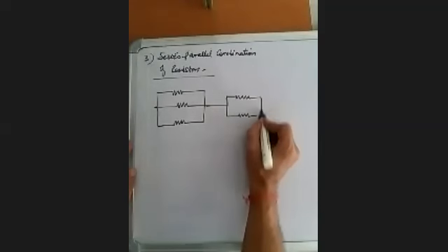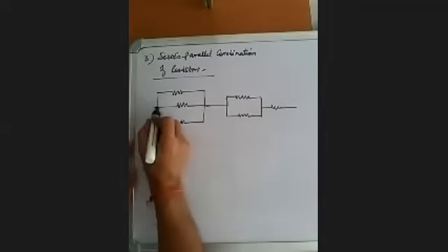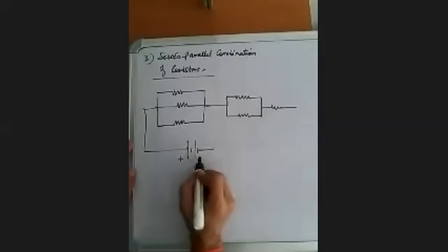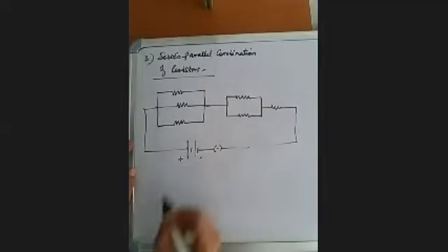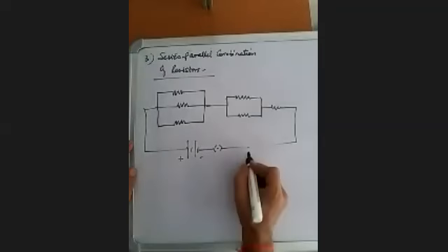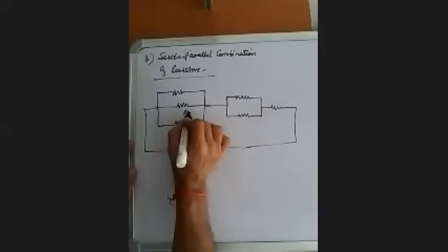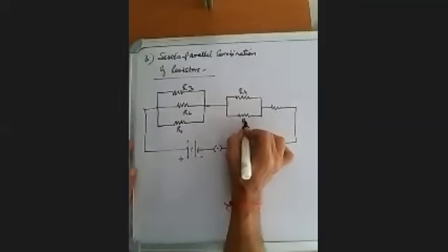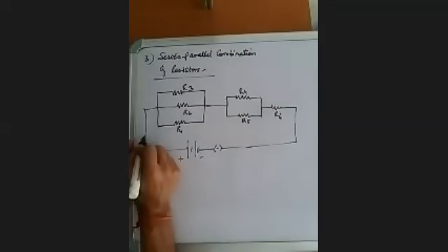So you can go on like this, across a battery and a key, and this is it. This simple circuit. Suppose this is R1, R2, R3, R4, R5, and R6. So this is the current flowing.